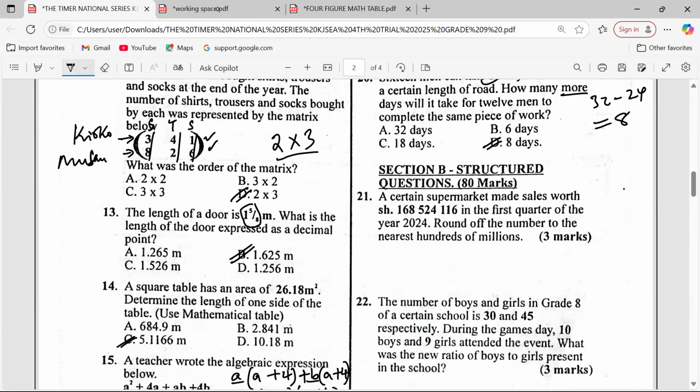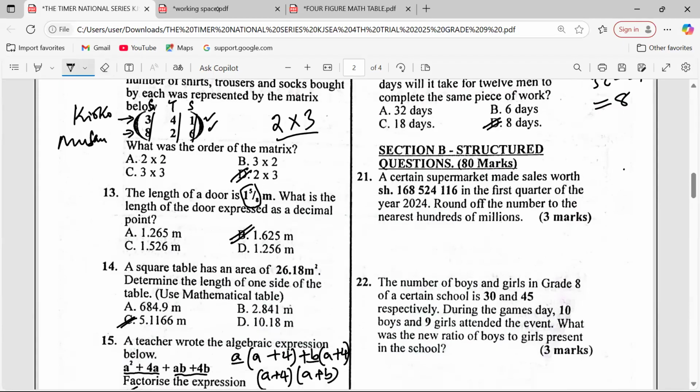Okay. Number 21. A certain supermarket made sales which are worth 168,524,116 Kenya shillings in the first quarter of the year 2024. Round off the number to the nearest hundreds of millions.